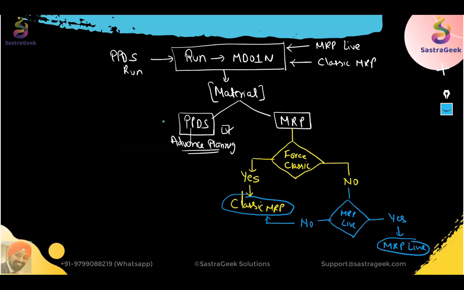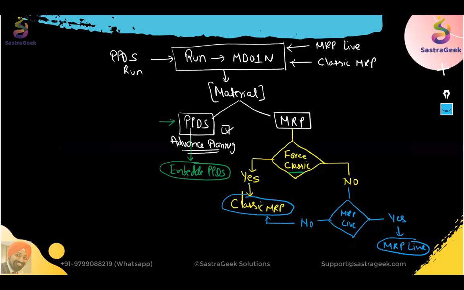First the system will check PPDS. If PPDS is set, the advanced planning system would be doing an embedded PPDS run. If an MRP run needs to happen, the system would check: do we have a force classic indicator?